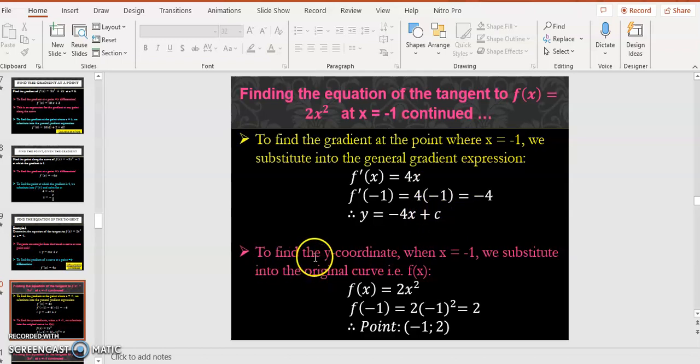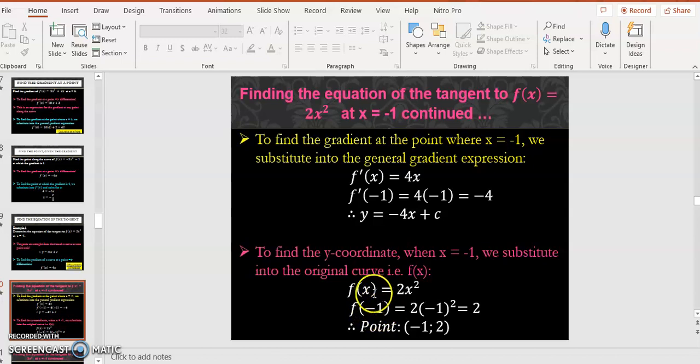Okay. To find the y coordinate, when x is equal to -1, we substitute into the general curve. Remember y equals -4x plus c. We need a y coordinate for us to be able to find c. We already know x. So this f of x is the y. You substitute -1 into it.